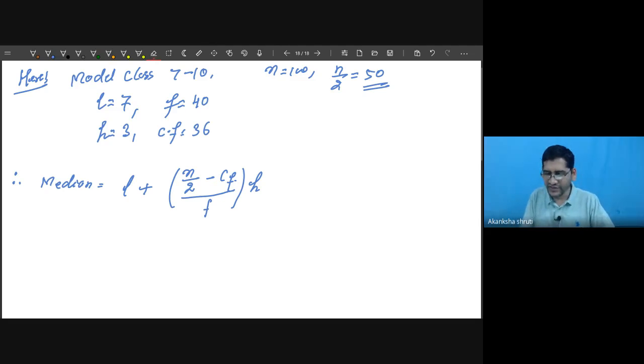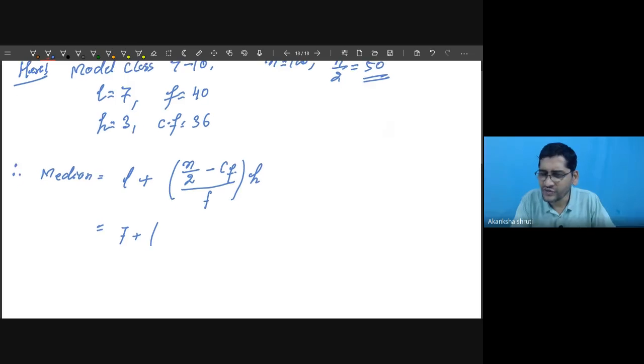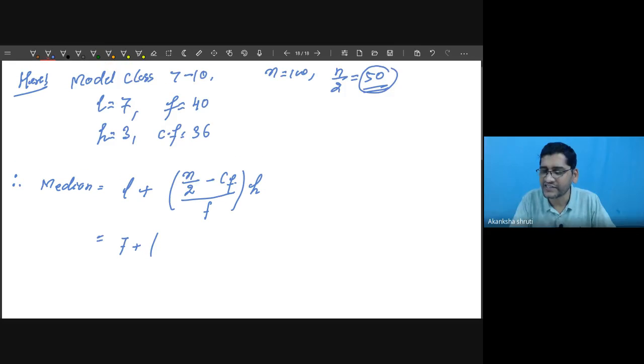Yes, students. So let us just substitute. All the values we have already written here, so only substitution. l is 7, plus n by 2, we have already calculated, so we can directly substitute 100 by 2, minus CF we have written, preceding is 36.